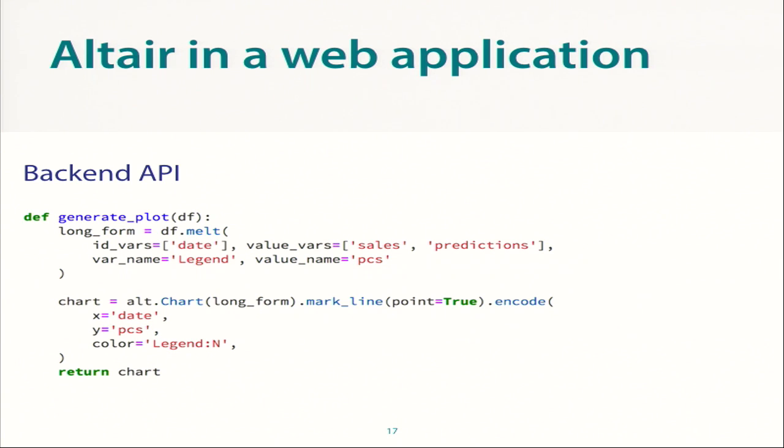We say transform the data frame in a way that the sales column and the predictions column get put into one column. We call it legend, and the index will be pieces, so that we can still differentiate what is a sales value and what is a prediction value. And then we can just put that data frame into an Altair chart class. Say we want a line chart here, and yeah, that's it.